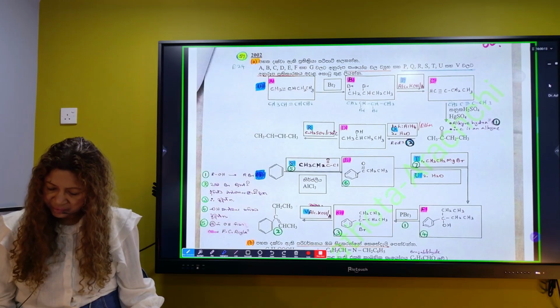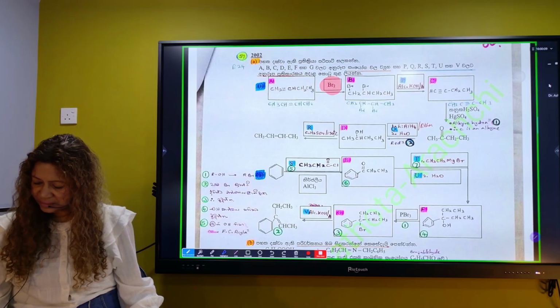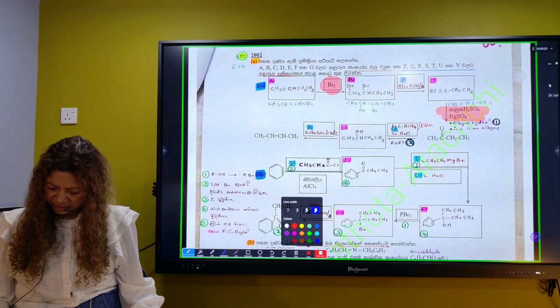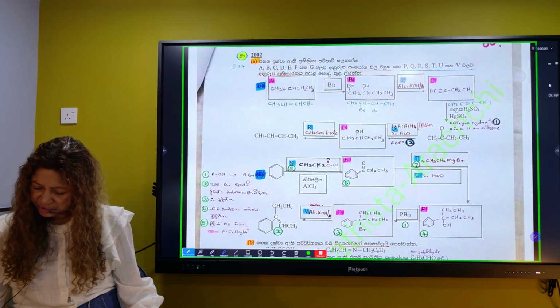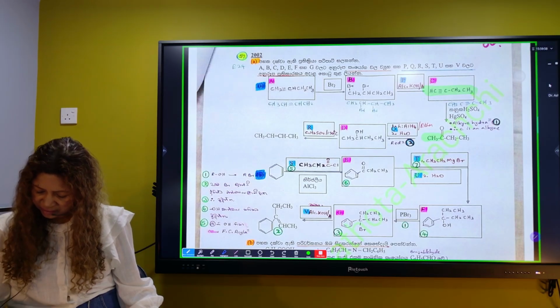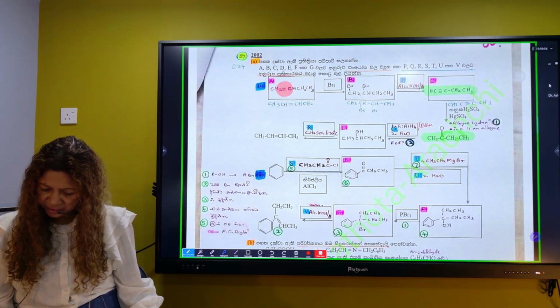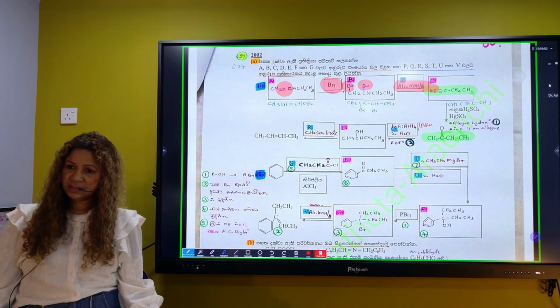And also adding bromine to something, and this part H2SO4 and mercuric sulfate. So there is supposed to be a triple bond to give this one. To get the triple bond, you're going to start from a double bond and add 2 bromine, then alcoholic KOH. How easy, how easy.